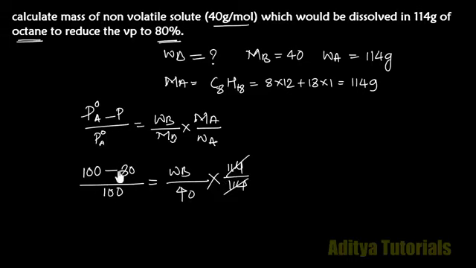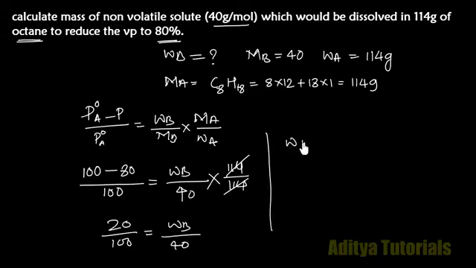And coming to the next, 100 minus 80 is 20 divided by 100, that is equal to WB divided by 40. So here we get WB is equal to 1 divided by 5, or rather 40 divided by 5, right?